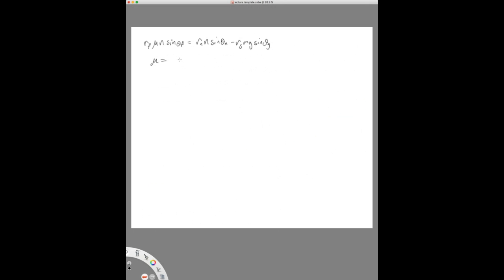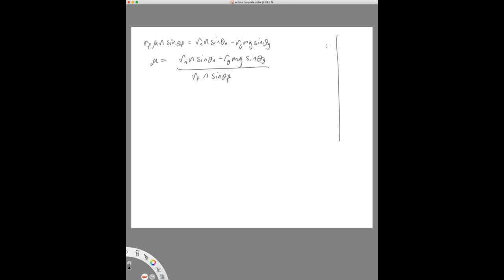Mu is going to be equal to the whole right-hand side, Rn N sine of theta n minus Rg mg sine of theta g, all over Rf N sine of theta f. So there's my expression, and all I need to do now is to know if I know all of these numbers, so that I can plug them in.